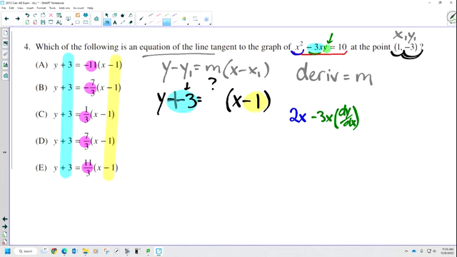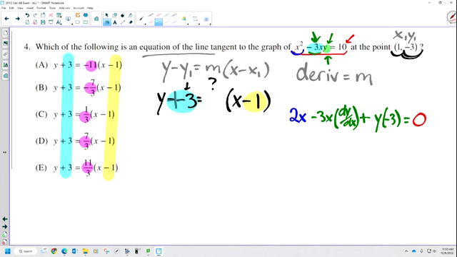So it's first times derivative of the second plus the second, y, times the derivative of the first. The derivative of -3x is -3. Equals, don't forget, I still need to do the derivative of the right side. The derivative of any constant is 0.